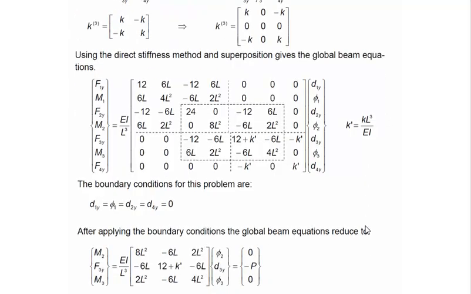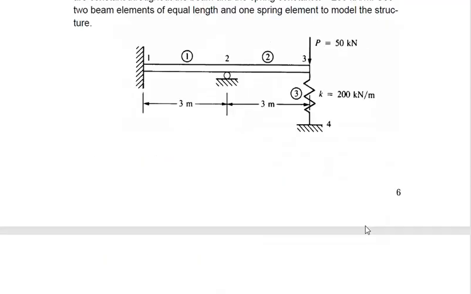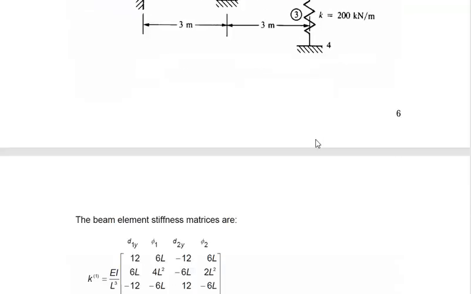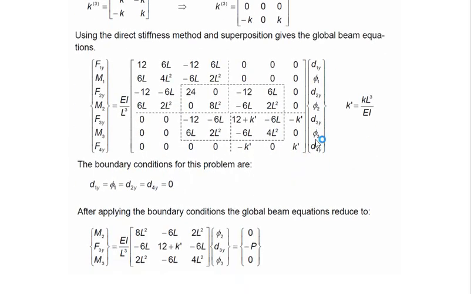After that, you apply the boundary conditions. What are the boundary conditions? If you look at the beam, we have a fixed support here, a roller support here, and a fixed support here. So the displacement and rotation at node number 1 are 0. Displacement at node number 2 and node number 4 is equal to 0, right?